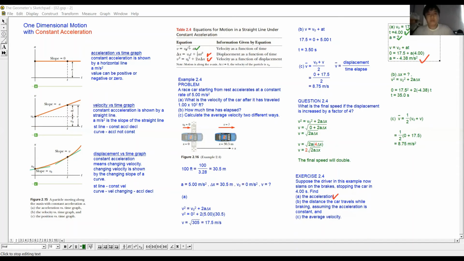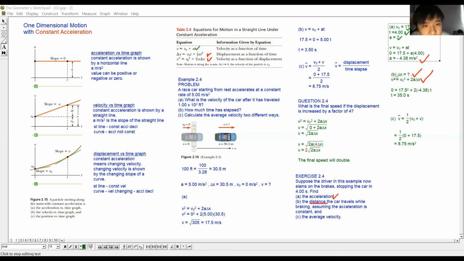Actually you can use either one of them, because now all the other physical quantities are known. We want to find delta x, the distance the car travelled while braking. The equation that has delta x is v squared equals v naught squared plus 2a delta x. V is the final velocity.